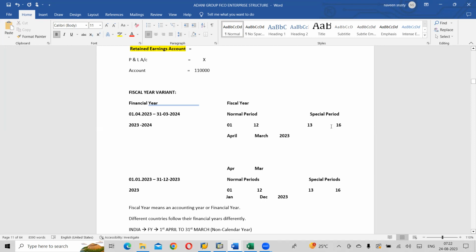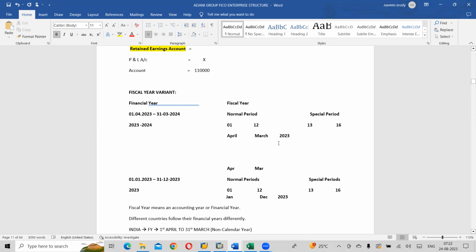So by looking at the period, we will understand in which month we found it. So basically we can go 4 months forward maximum. Exactly. But the fiscal year would be the same.